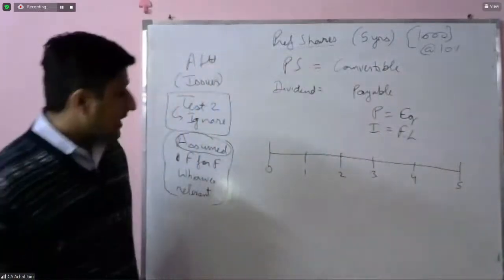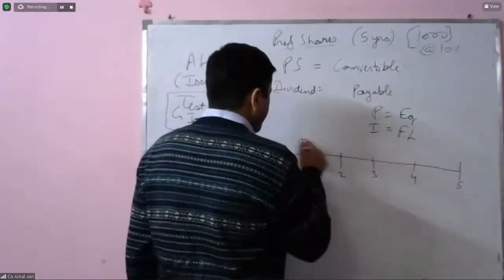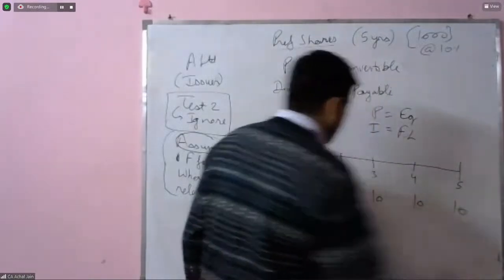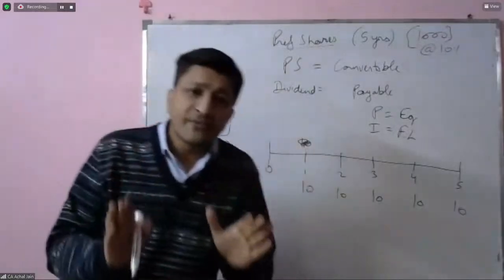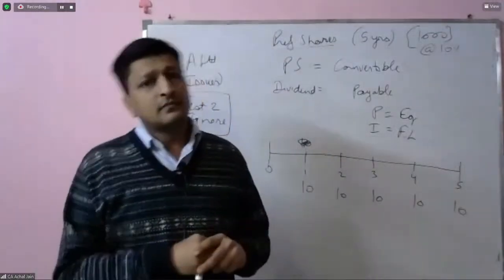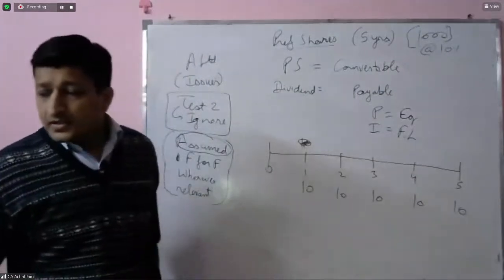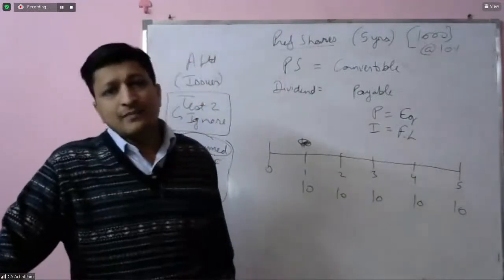Now in this case, at the end of first year, 10 will be paid. At the end of second year, 10 will be paid. 10, 10, 10. So all in all, over a period of 5 years, rupees 50 will be paid. Correct? Now in this case, how do we compute the financial liability? Again, the same thing.